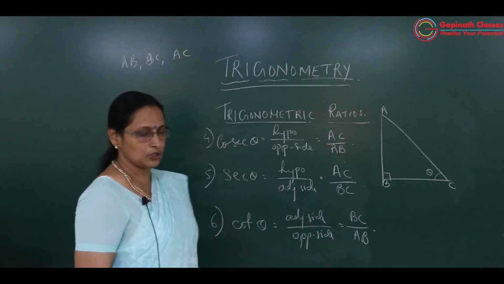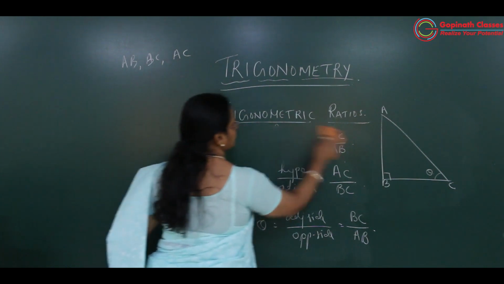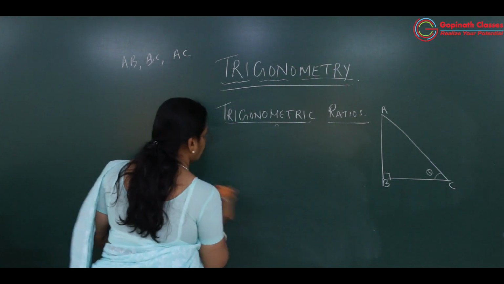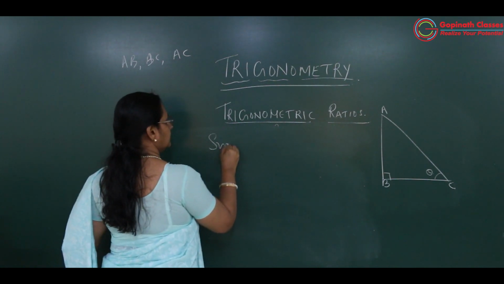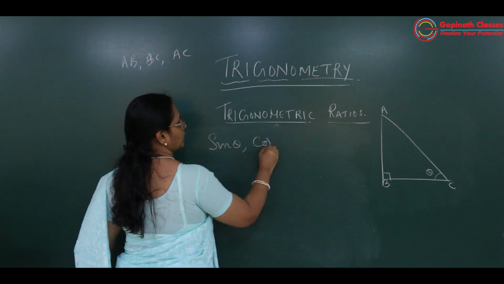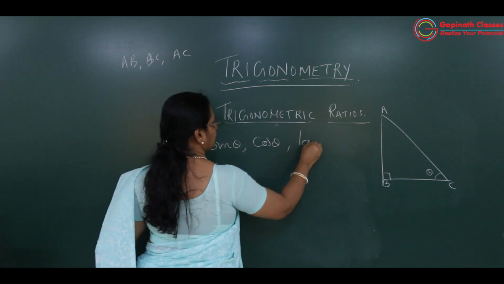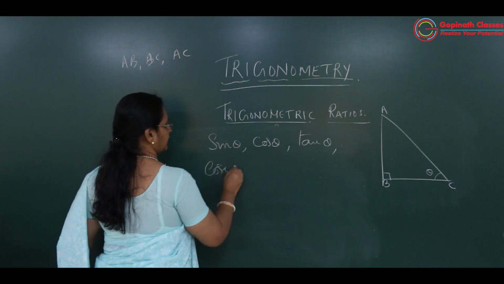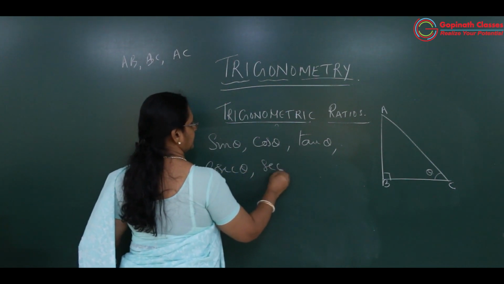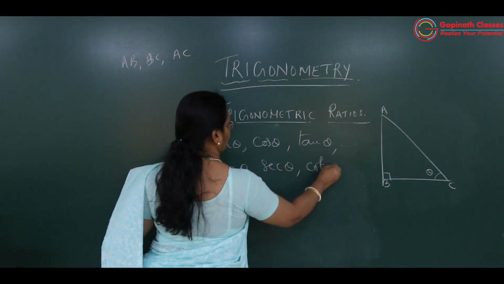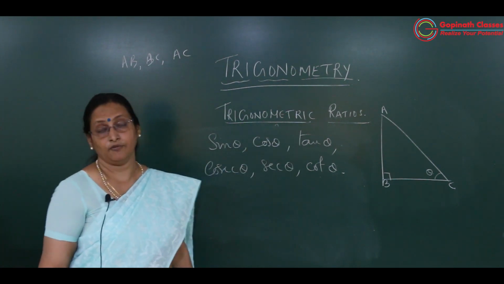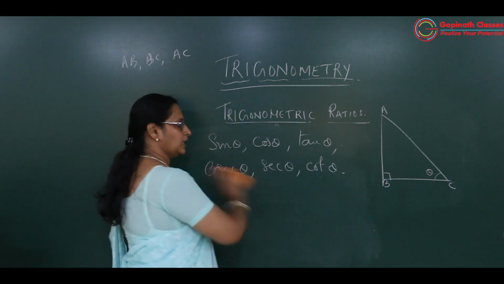The basic trigonometric ratios are sine theta, cos theta, and tan theta, and all their reciprocals are cosec theta, sec theta, and cot theta. These are the 6 ratios. You must learn this very, very clearly. You should be thorough with this.